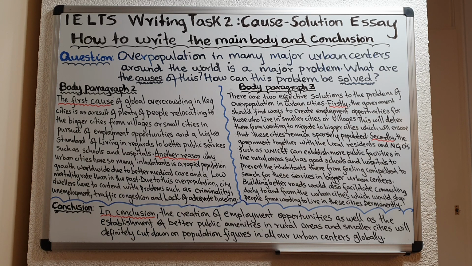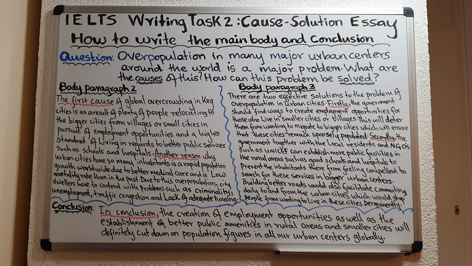And that's not all. We have a low mortality rate. Mortality rate means the number of people that die. Because we have better medical care, there are few people who die these days. And because of that, our population worldwide is higher. Now, due to this overpopulation, city dwellers have to contend with problems such as criminality, unemployment, traffic congestion, and lack of adequate housing.